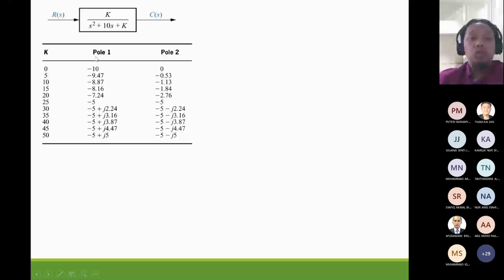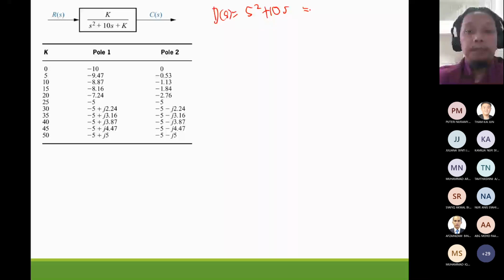When K is 0, you get S squared plus 10S. This is the denominator. To find the poles, basically simply make this equation equal 0. So you get S equals 0 and minus 10. That's why you get minus 10 and 0 when K equals 0.